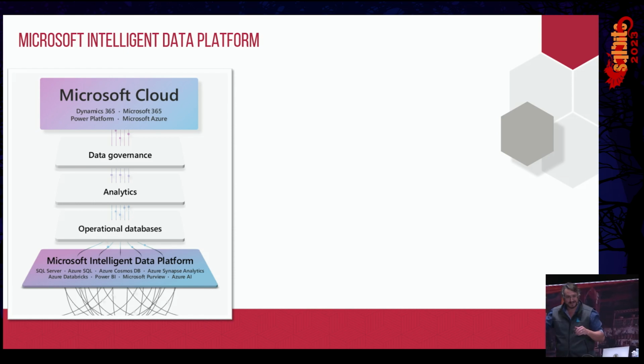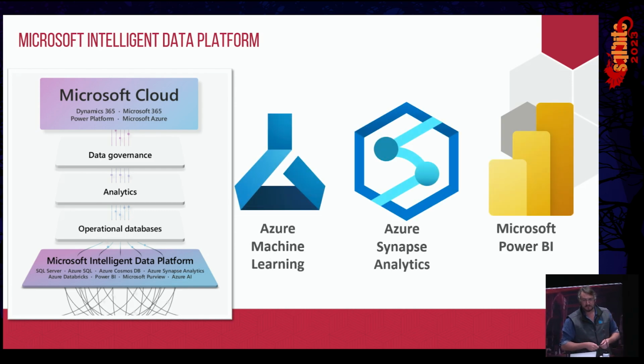Now, when we zoom in and focus on that middle piece, analytics, how I make a data platform, in reality we're talking about three things: machine learning, Azure Synapse Analytics, and Power BI. So we've got this big marketing umbrella term, and we zoom in to some specific things.